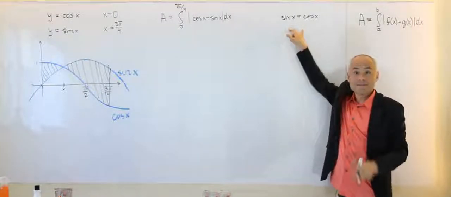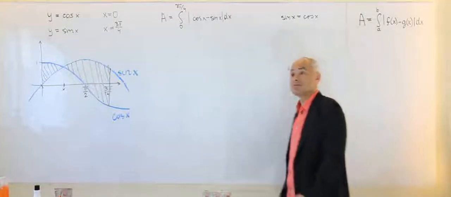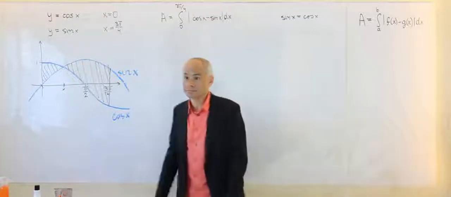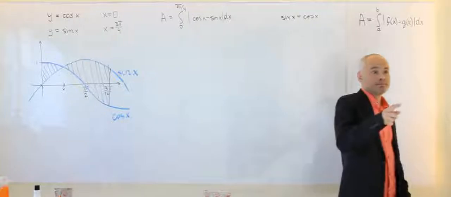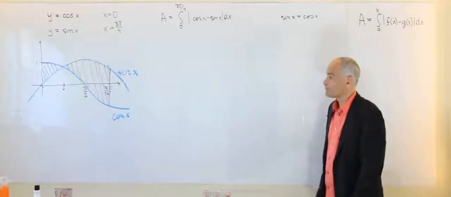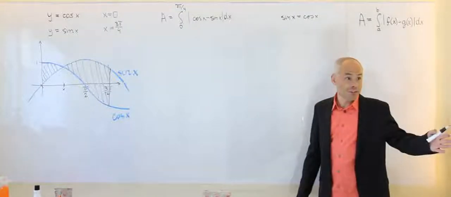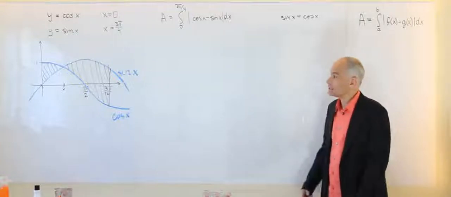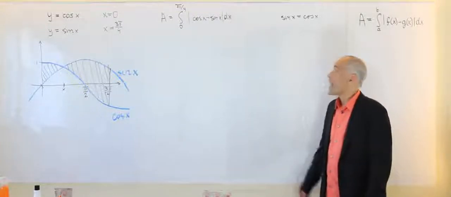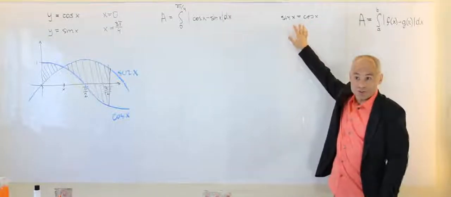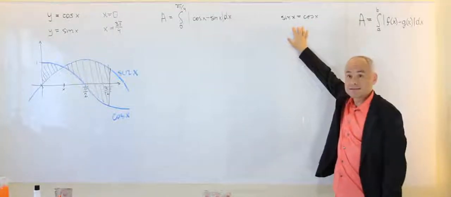So what is the value of x when that happens? When is cosine equal to sine? Pi divided by 4. And many other numbers, right? But in our picture, it's only pi divided by 4. How can we find out that this is the case?